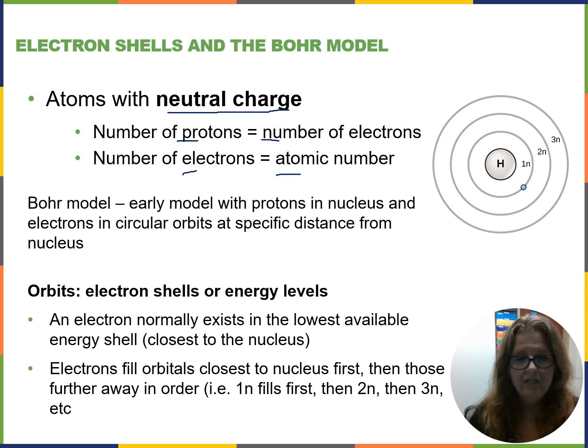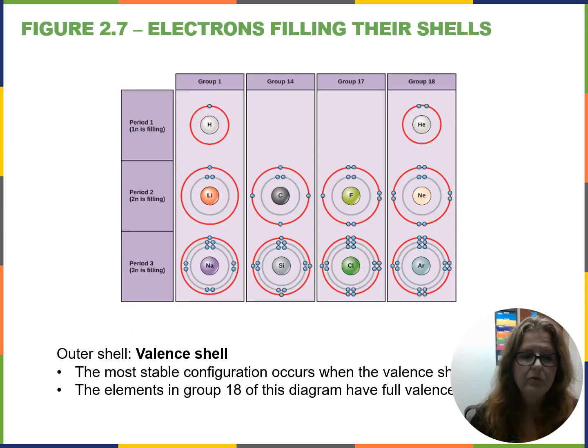The one on the outside is the one we're going to talk about in terms of bonding with other atoms, because atoms interact with each other, obviously, because we have molecules, right? So the outer shell is referred to as the valence shell. And the atom is most stable when it has a full valence shell.